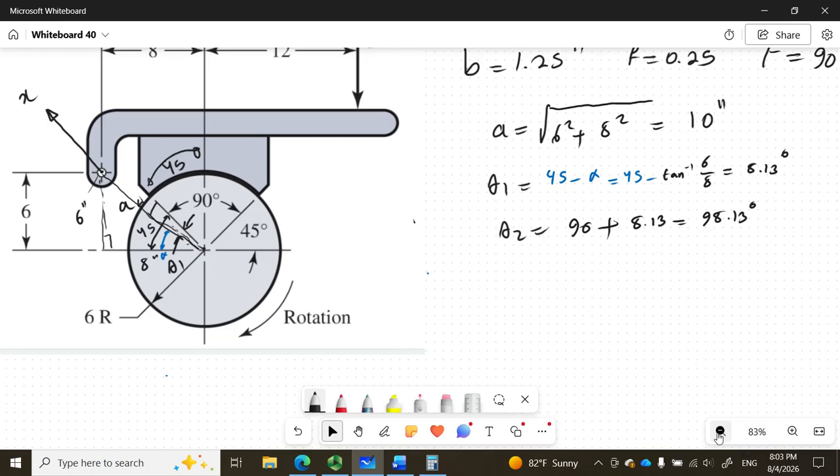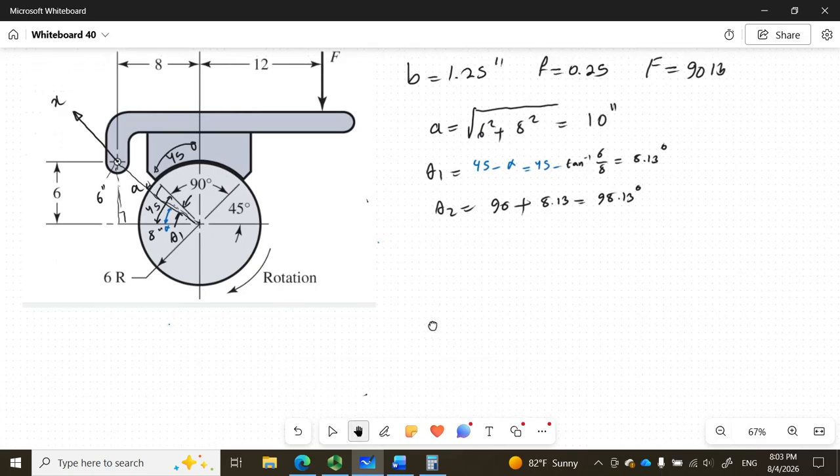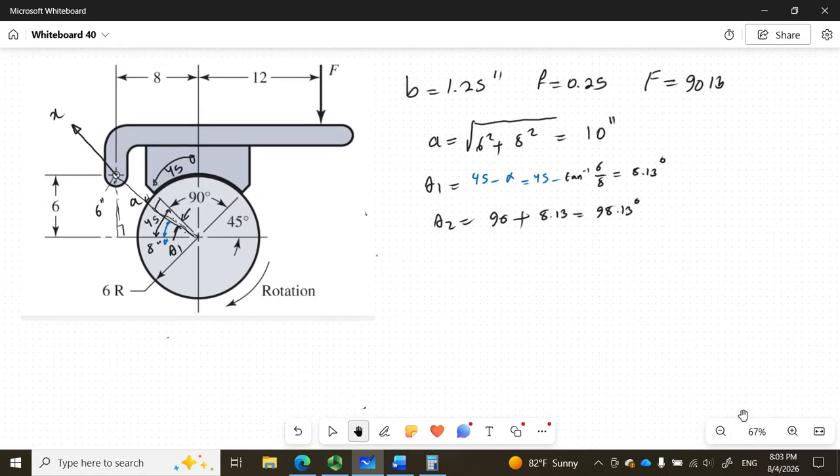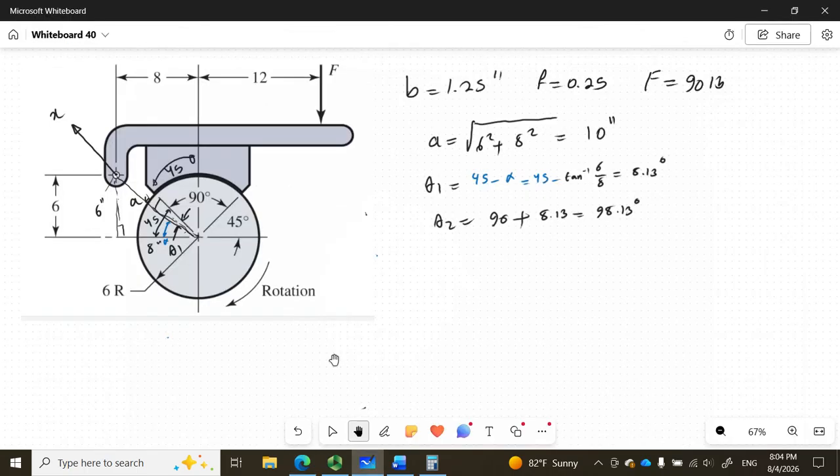So we found theta 1, theta 2. What else? We have the A. Okay, the radius of the disk, by the way.